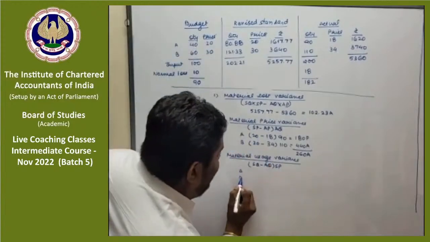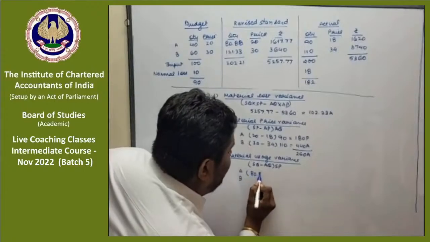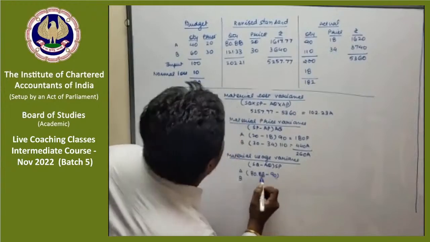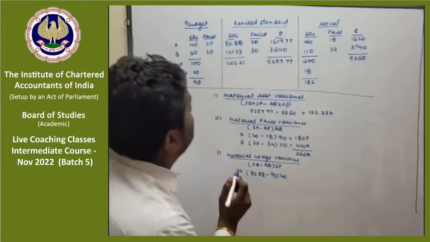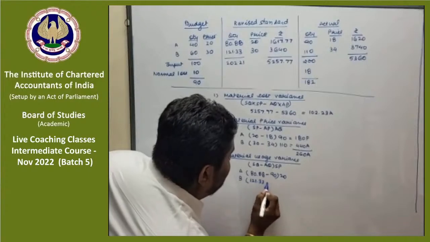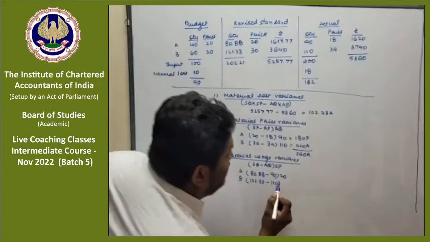So for A and B: 80.88 minus 90 into 20. For B, 121.33 minus 110 into 30.